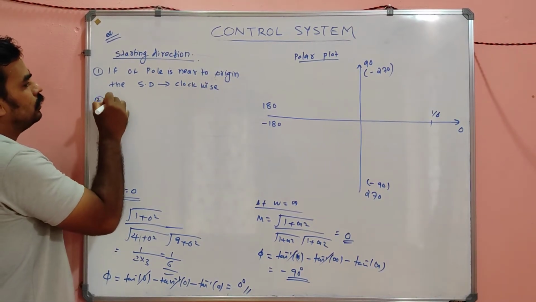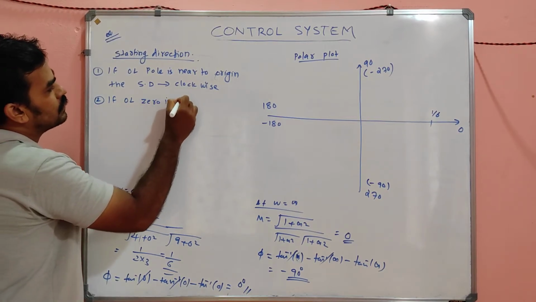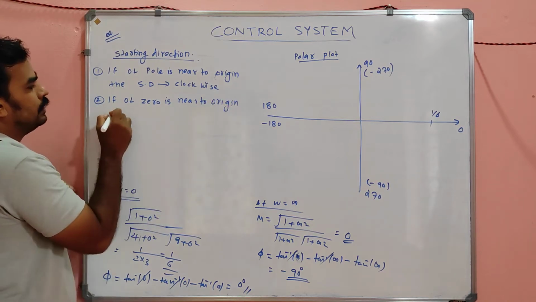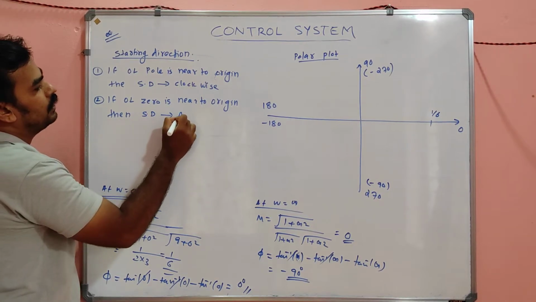And second rule: if an open loop zero is near to the origin, then the starting direction is anti-clockwise.